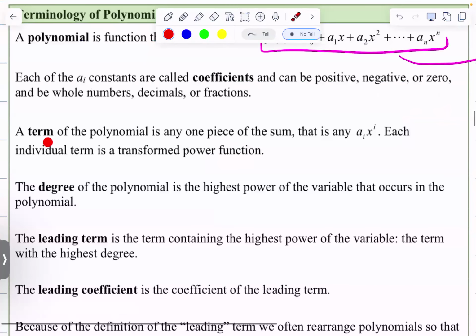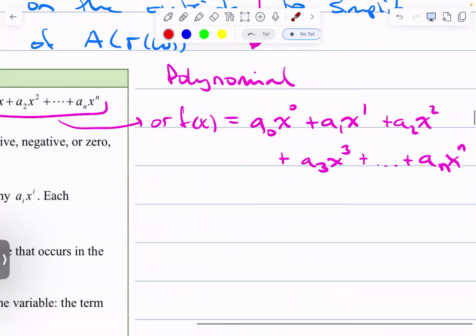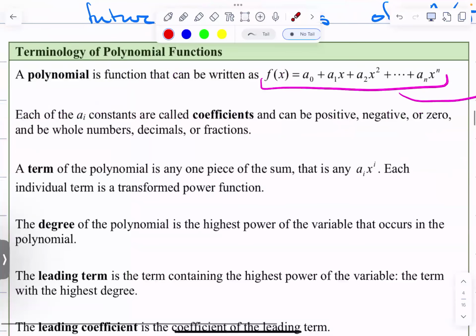A term of the polynomial is any one piece of the sum. If we look at the one we wrote out here, this is your first term, second term, third term, fourth term, nth term. I guess technically the n plus 1th term, but that doesn't matter.